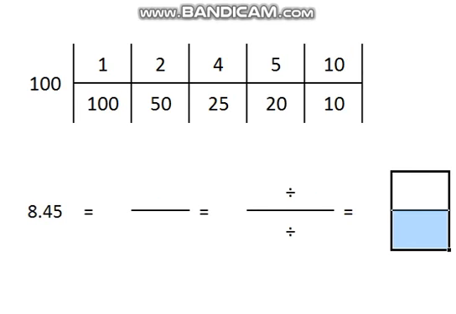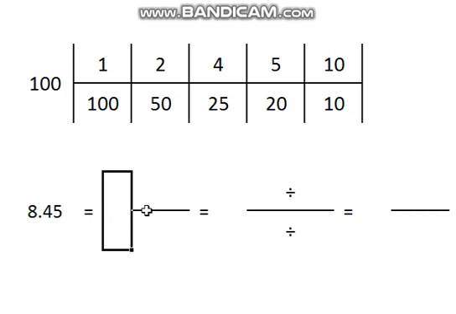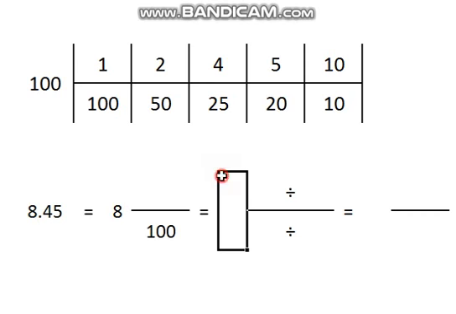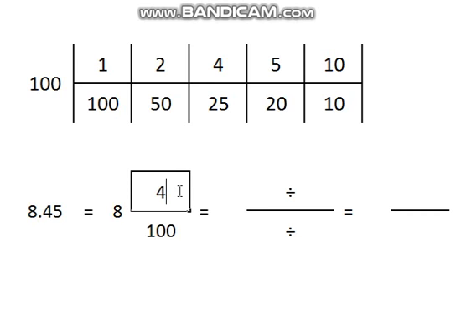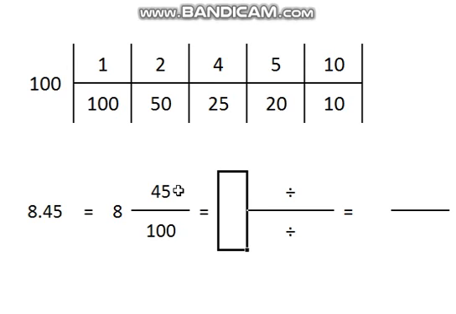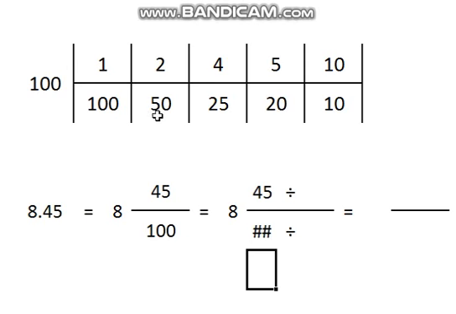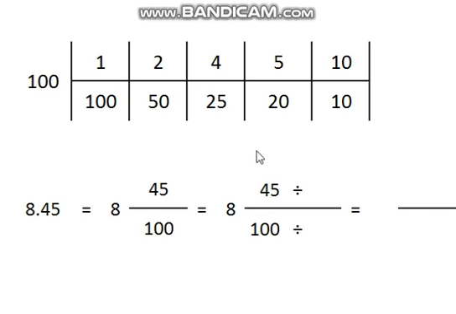And the last example, let me show you. This is 8.45. Same thing, we have 2 decimal places, so you divide by 100, and the numerator will be 45. Then copy the original fraction again with a longer line. Let's try to find the greatest common factor.